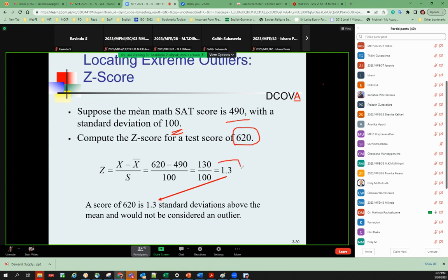Then the Z value is 1.3. That means 620 is 1.3 standard deviations above the mean, and it would not be considered an outlier. It is not an outlier.